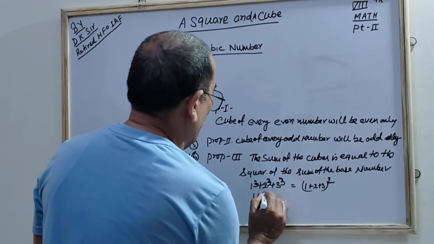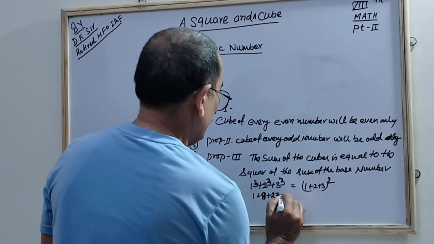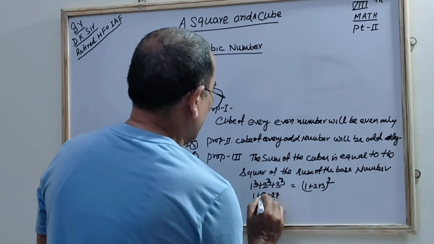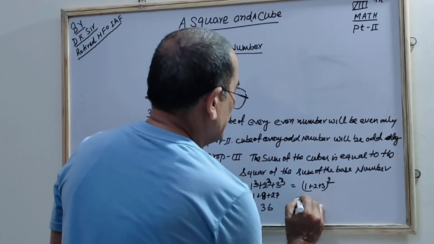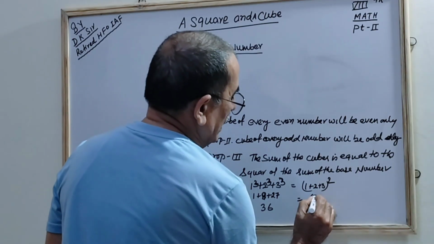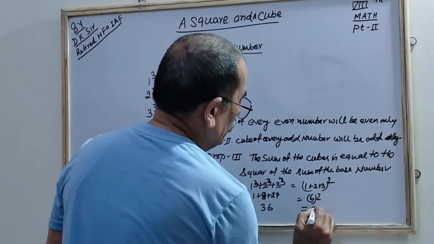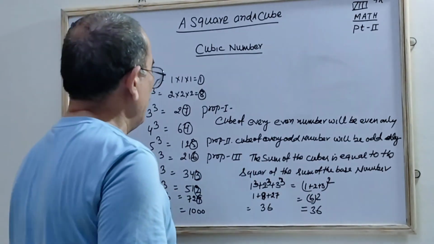So it becomes 1 plus 8 plus 27, which is 36. Can you see how much it becomes? 1 plus 2 plus 3 is 6, 6 square is equal to 36. Correct? This is property number 3.